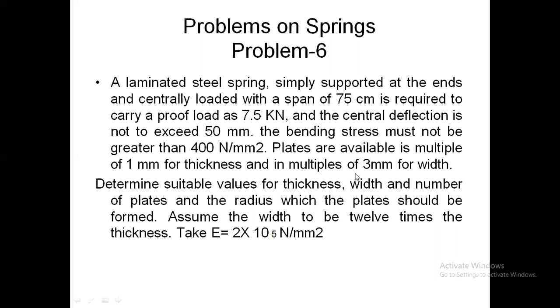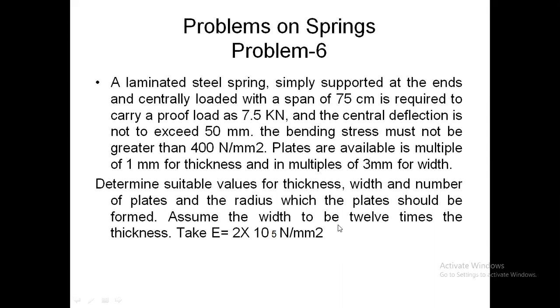So whenever you consider the plates, the thickness should be a multiple of 1 mm and the width should be a multiple of 3 mm. So you can adjust the thickness by adding just 1 mm to the plate. In the same way, when you get the width as some mm, you can take the multiple of 3 mm to get the final width of the plate.